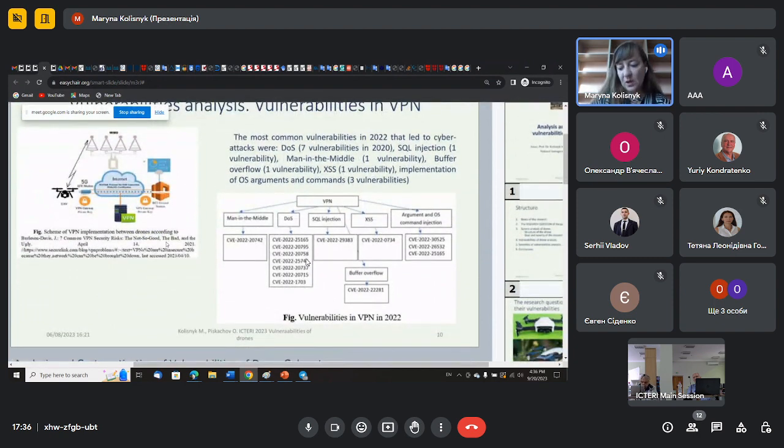We use databases from, for example, NIST, from ENISA, from Greenbone, and others. And we can find that really for VPN there are vulnerabilities, and we need to understand that these vulnerabilities can be used for successful cyber attacks.